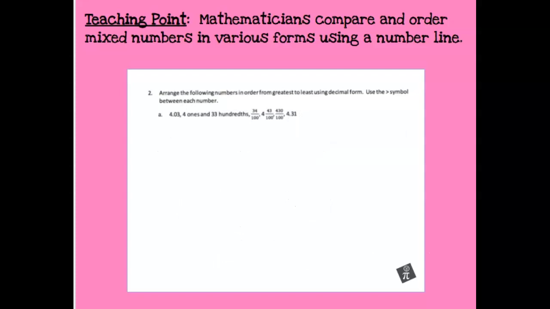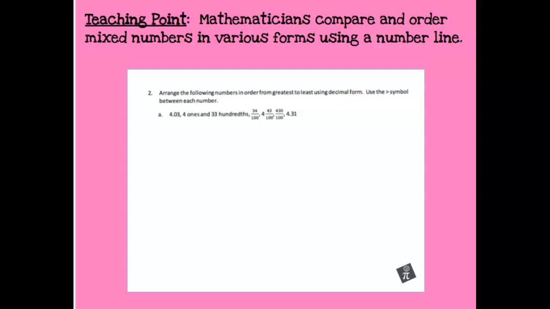All right, on this one, again, we can use a number line if we chose and locate each of these numbers on that number line, but we're going to do it just in number form, and we need to put them from greatest to least, and they want us to write them in decimal form.